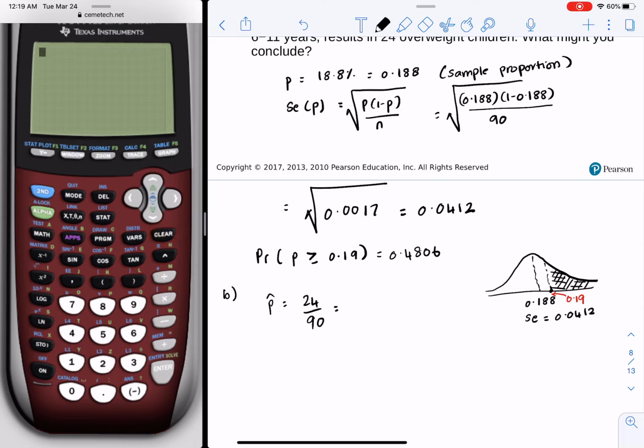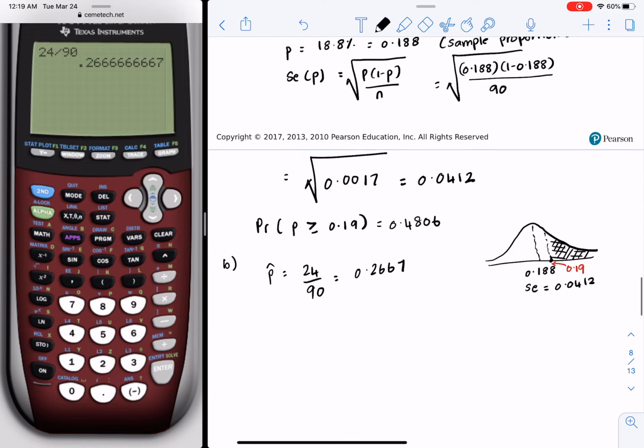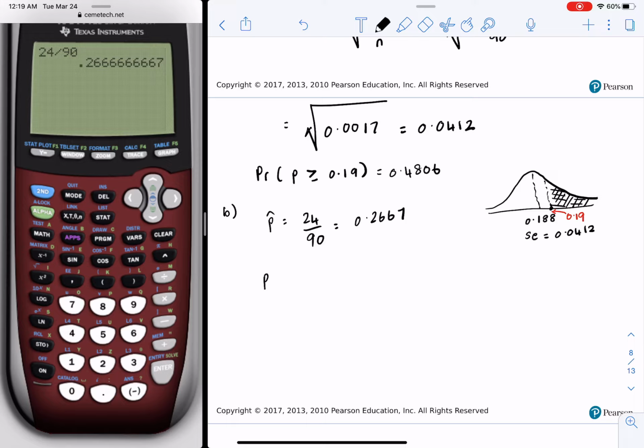So that proportion is 0.2667. So what are the chances that the proportion be greater than or equal to 0.2667? In other words, 26.67% or more out of those 90 school-age children are overweight.